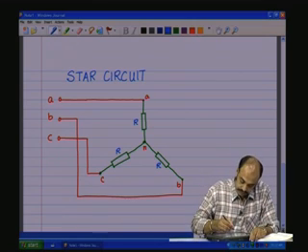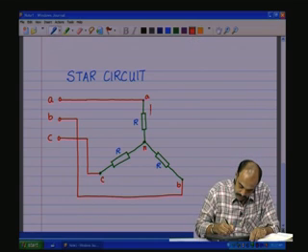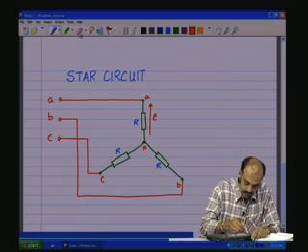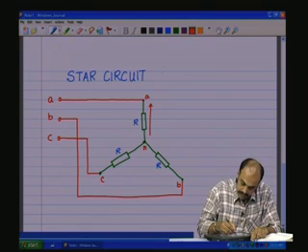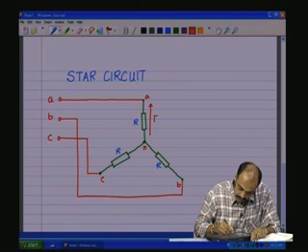Now, we shall say that this voltage here is EAN. Let me take the effective values.